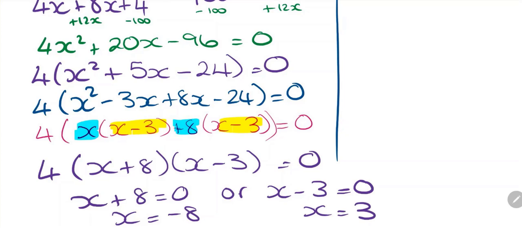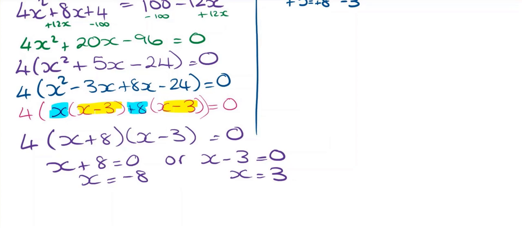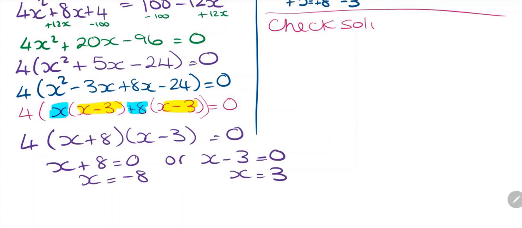Now we need to check that our solutions are correct. We're going to do this in the original equation. So let's just write that down here. Checking the solutions, we'll use x is equal to minus 8 first.